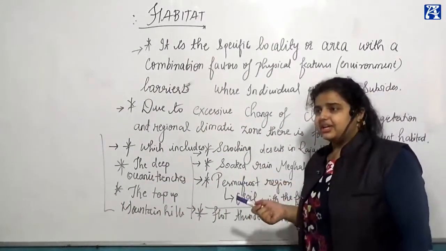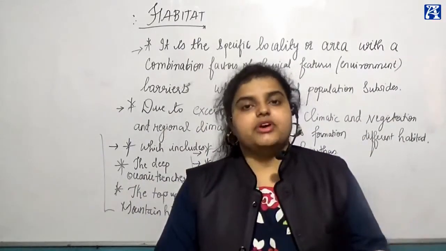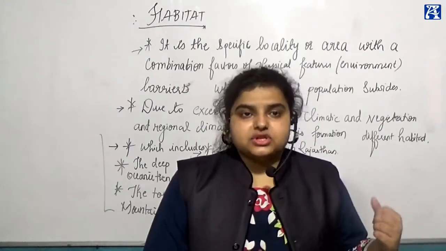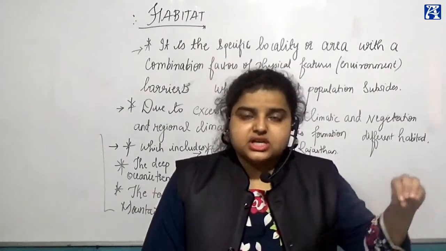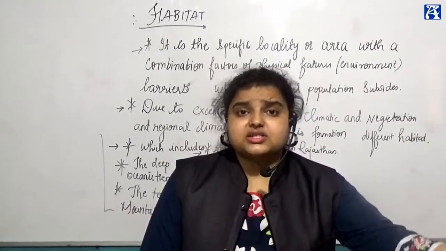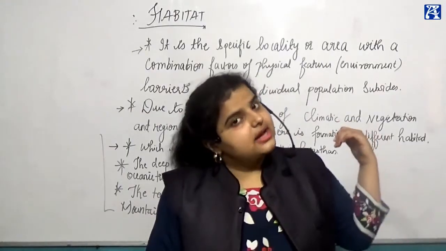See, what is habitat? Habitat is basically a place or a locality where a group of individuals lives. When a group of individuals lives in a particular area with few physical activities and responds to its environment, that place or locality is called habitat.